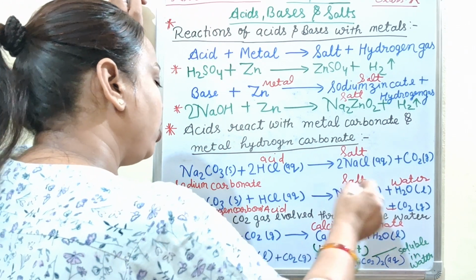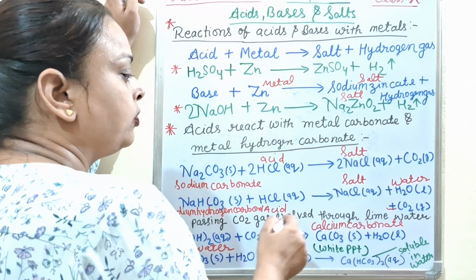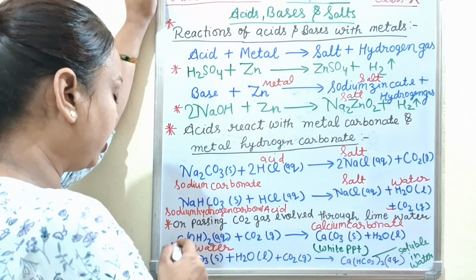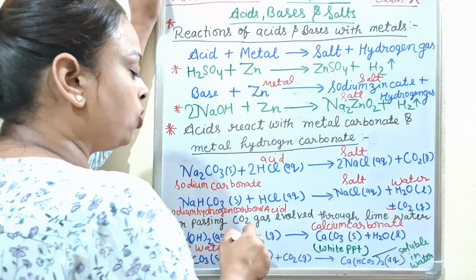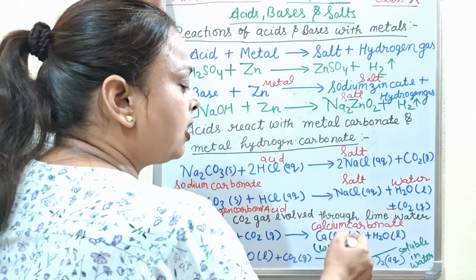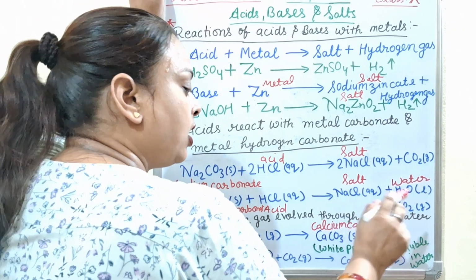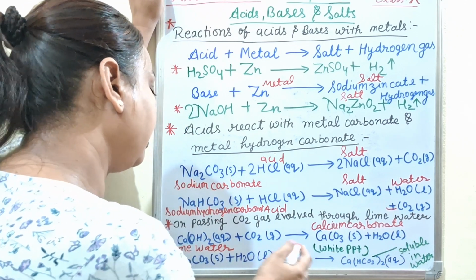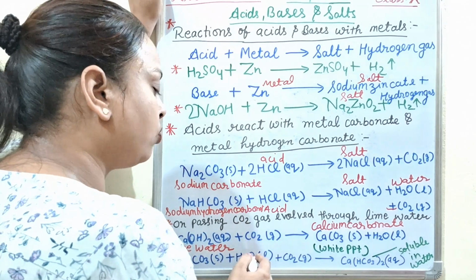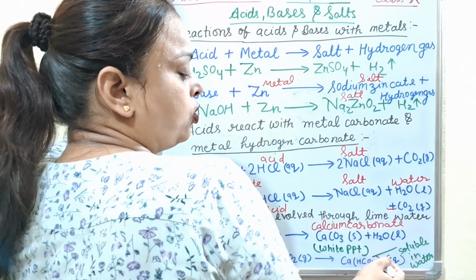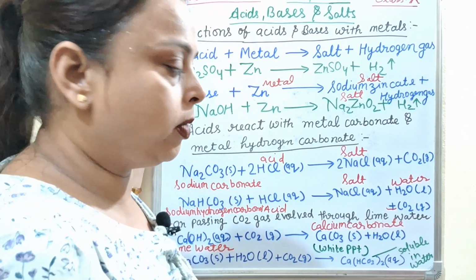Now this evolved CO2 gas is passed through lime water, Ca(OH)2 in aqueous form. When CO2 gas is passed, then white colored CaCO3 precipitate is formed and water also. Again CaCO3 reacts with water plus CO2 and forms calcium hydrogen carbonate, which is soluble in water.